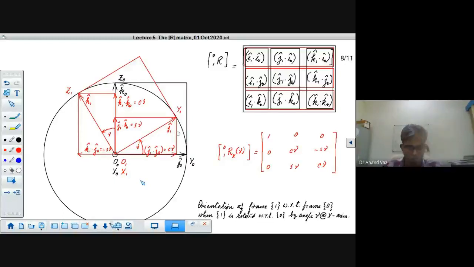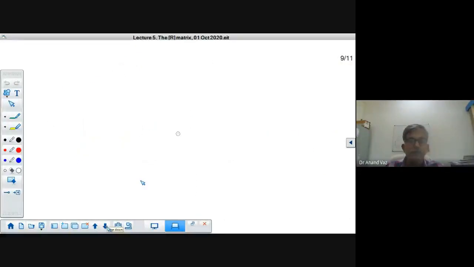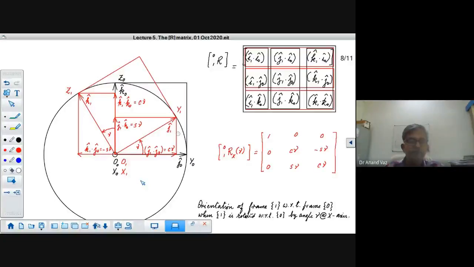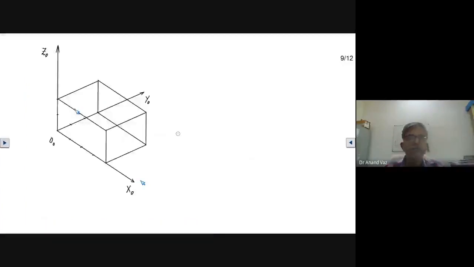Now, just to reinforce our concepts, let us take this parallelepiped here. We can see that one side is some units, the other is 3 units, and this is 4 units.